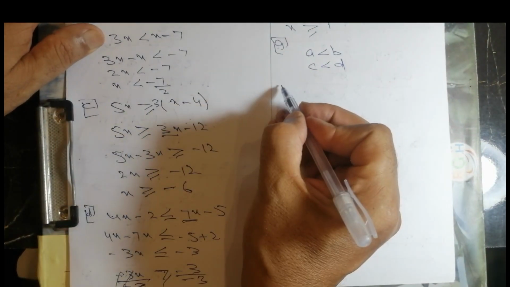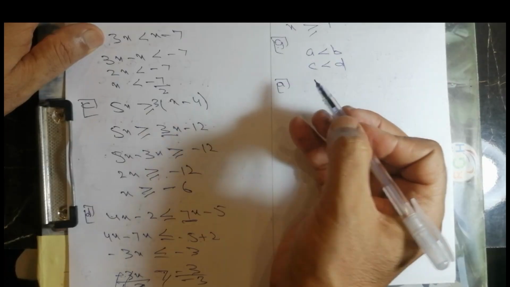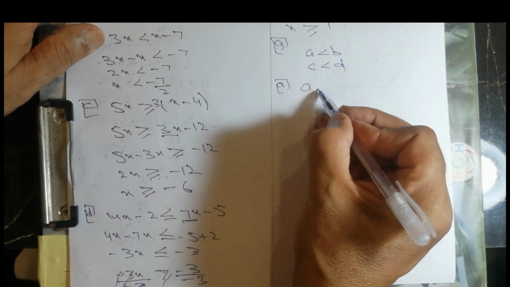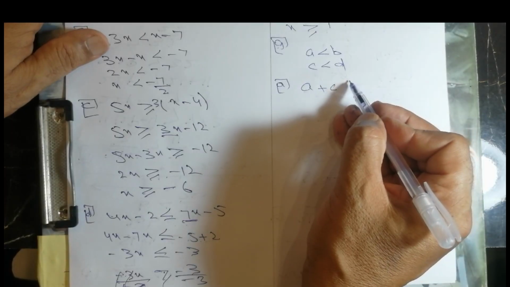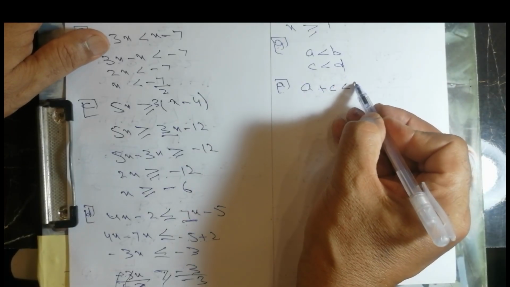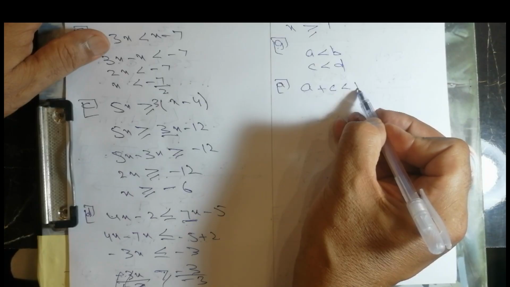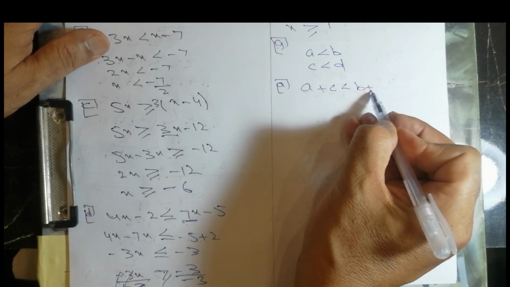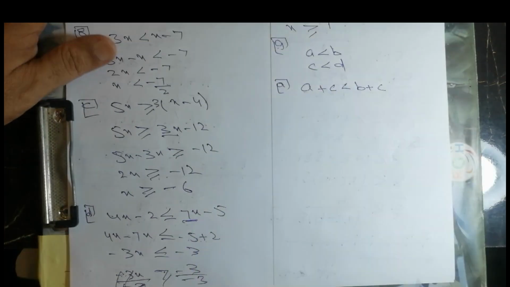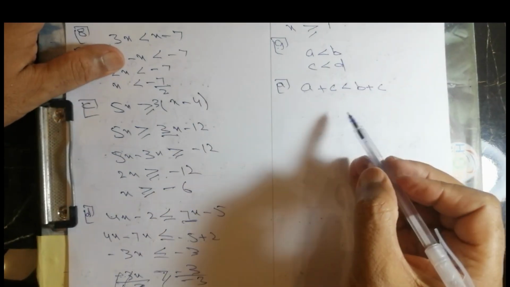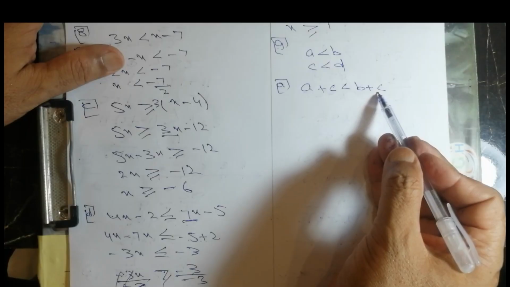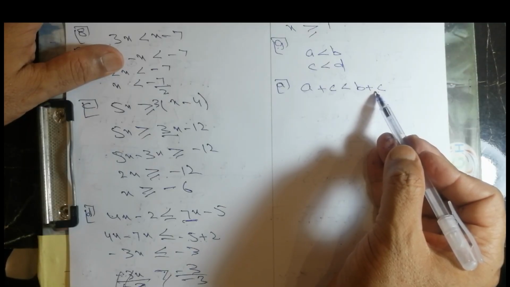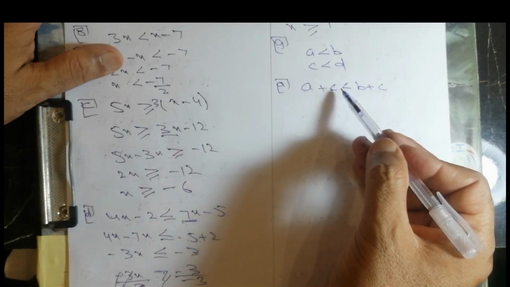So part A of the question is A plus C less than B plus C. If you see in the question, C is common on both sides, so we can cancel it easily.